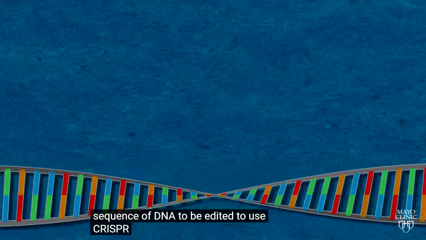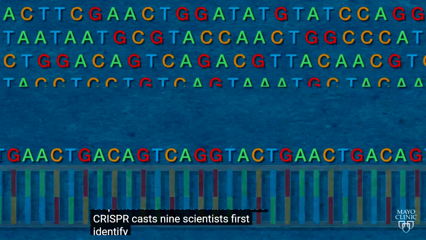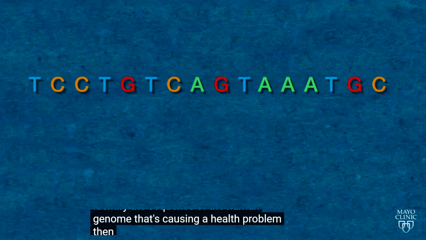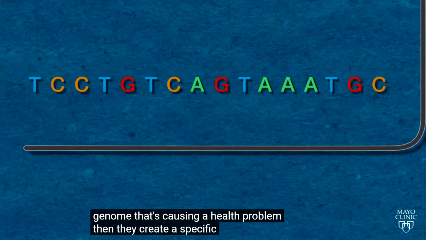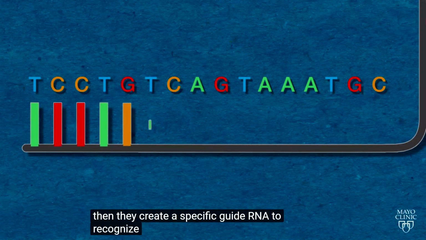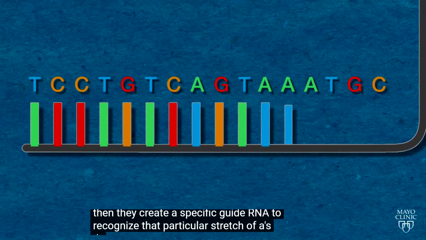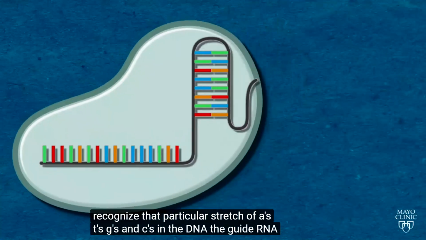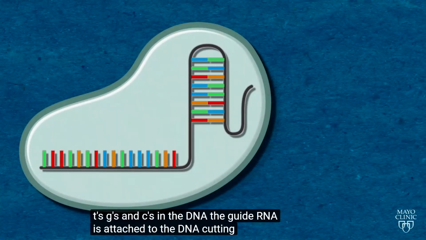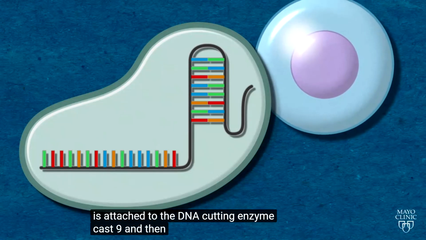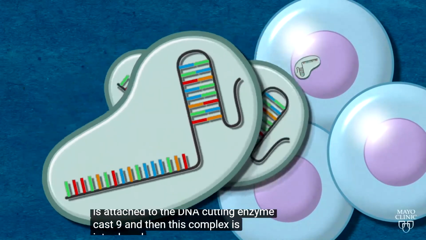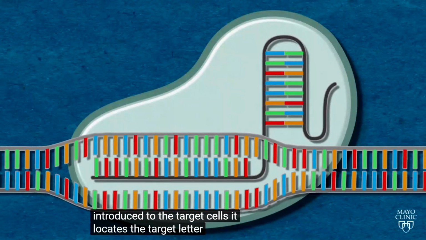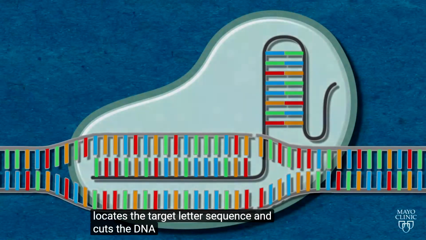To use CRISPR-Cas9, scientists first identify the sequence of the human genome that's causing a health problem. Then they create a specific guide RNA to recognize that particular stretch of A's, T's, G's, and C's in the DNA. The guide RNA is attached to the DNA cutting enzyme Cas9, and then this complex is introduced to the target cells. It locates the target letter sequence and cuts the DNA.